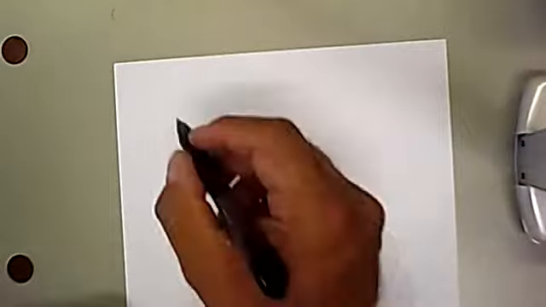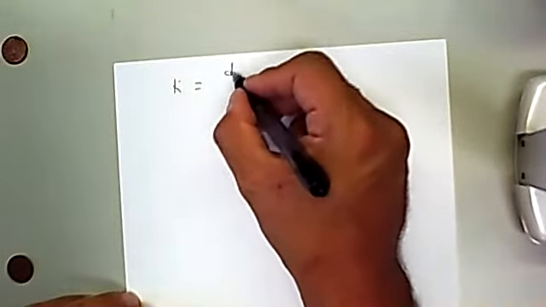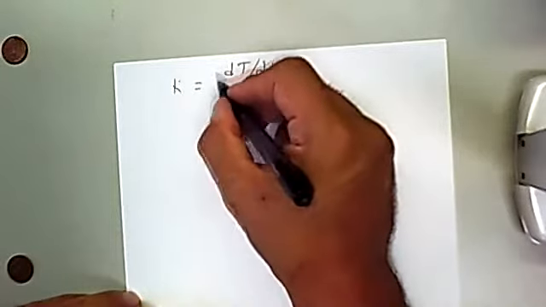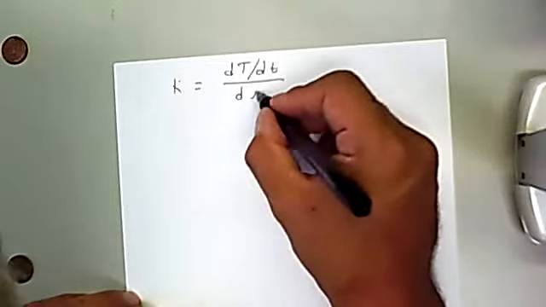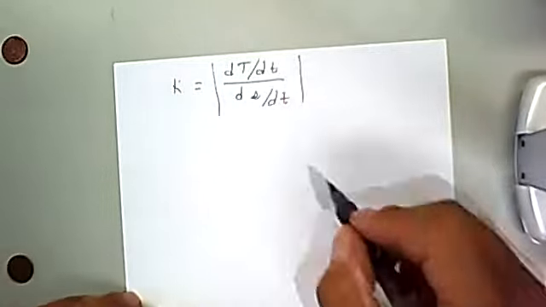Okay, so first, the formula for curvature is the magnitude of dT over dt, divided by ds over dt.